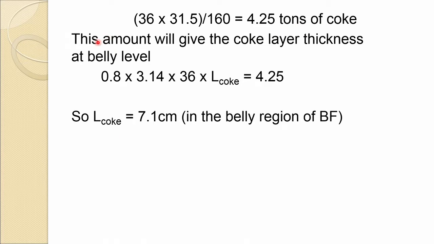And now again you can calculate the volume of that and equate with this tons of coke, you can get the value of the coke layer thickness in the belly region, which comes about 7.1 centimeter thickness in the belly region of the blast furnace.